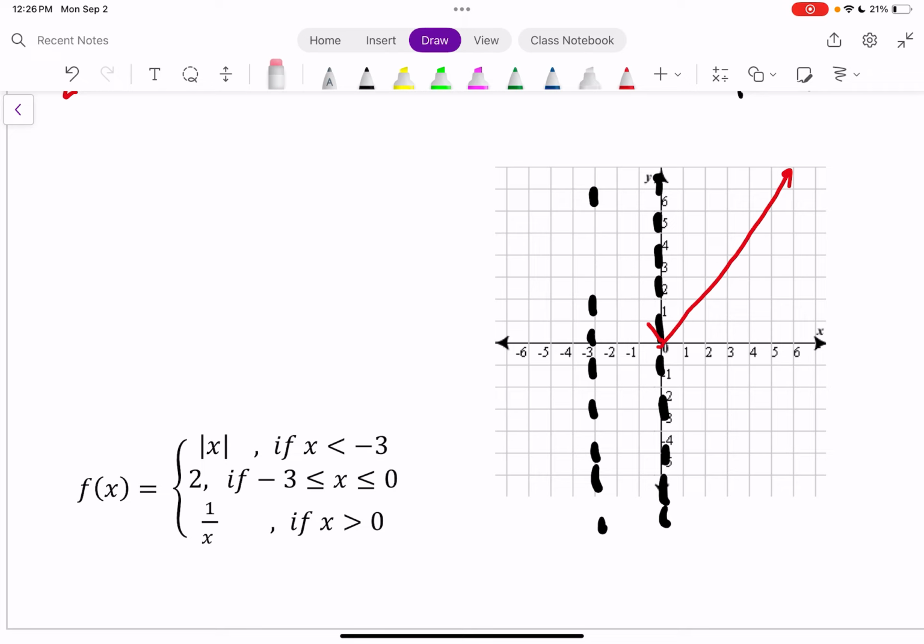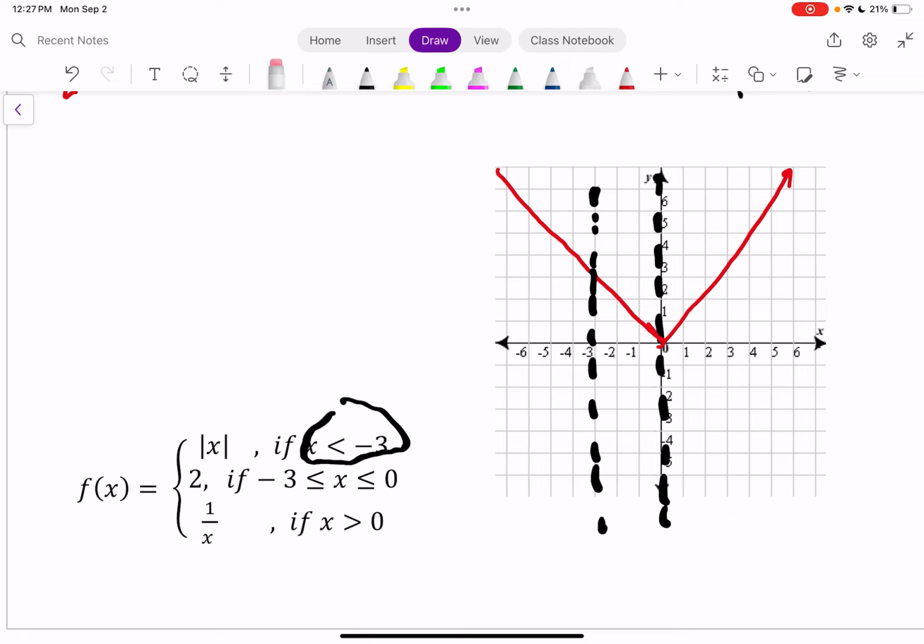Trying to make it go through the corners. There you go. So we only want this function up to -3. So we only want to keep it up until this point.